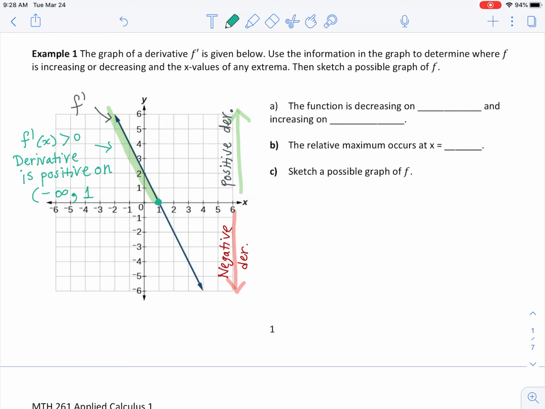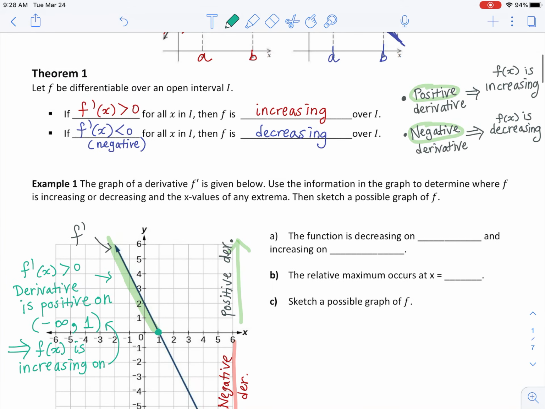Now, it stops being positive at what number? 1, right? So, f prime of x is positive on the interval negative infinity to 1. And what that means is the function f of x is going to be increasing on the same interval.